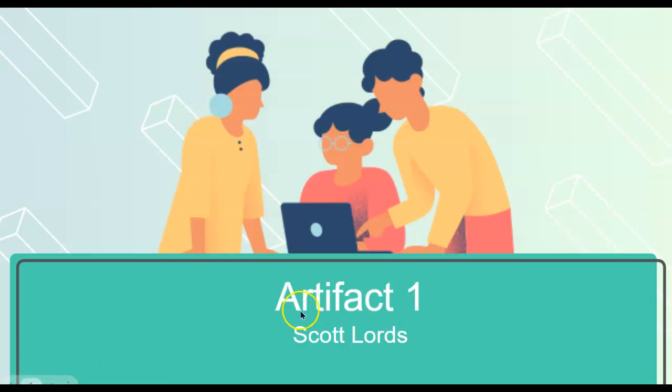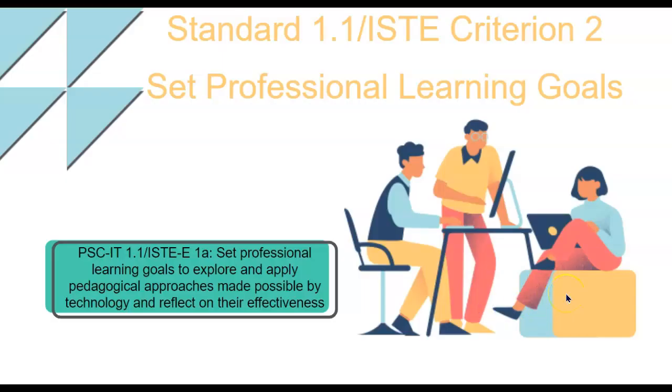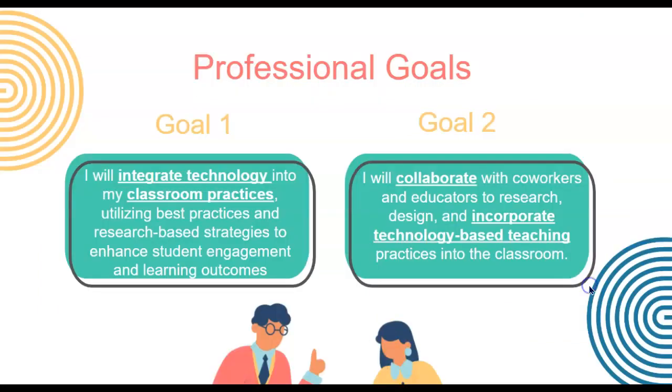In this artifact, we will be going over Standard 1.1 ISTE Criterion 2, Set Professional Learning Goals. As a high school social studies teacher, I set two professional learning goals.